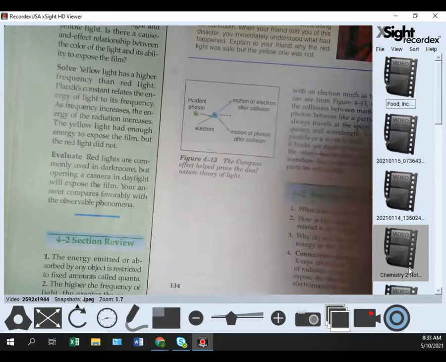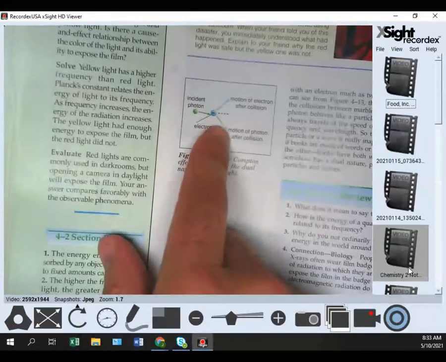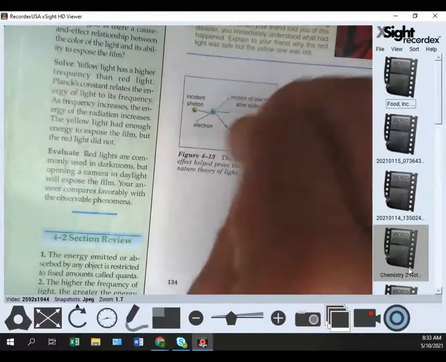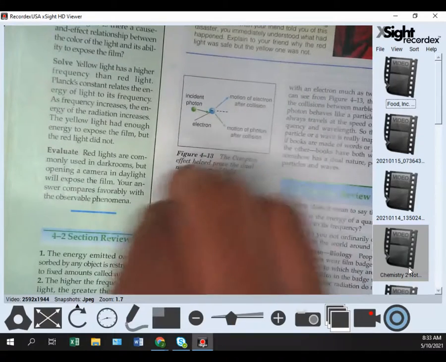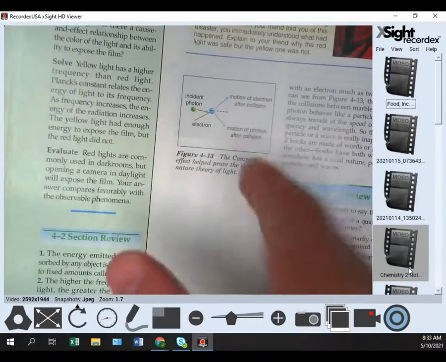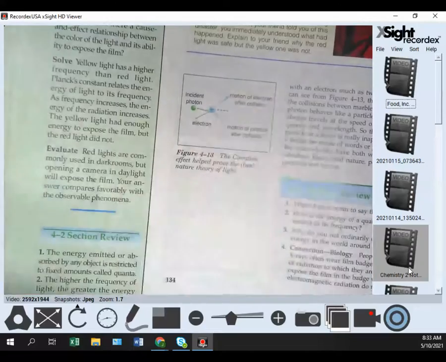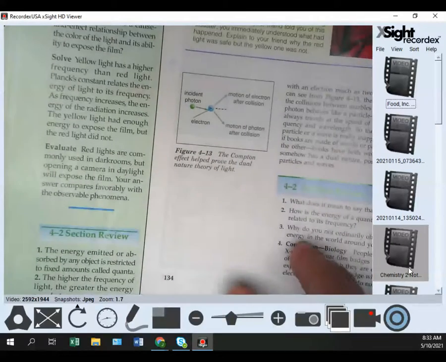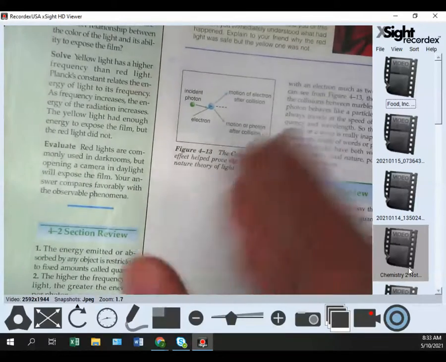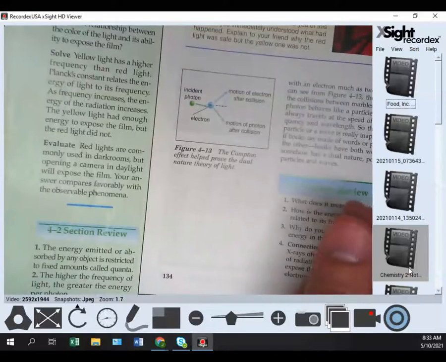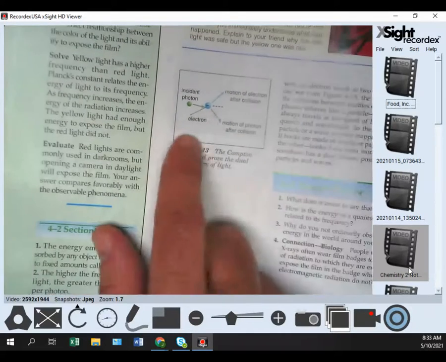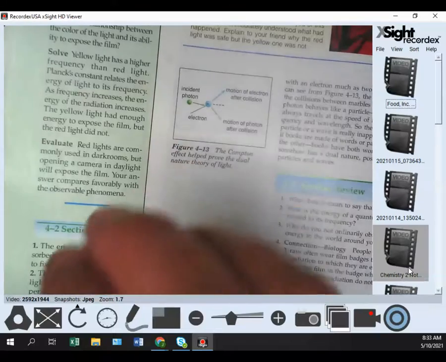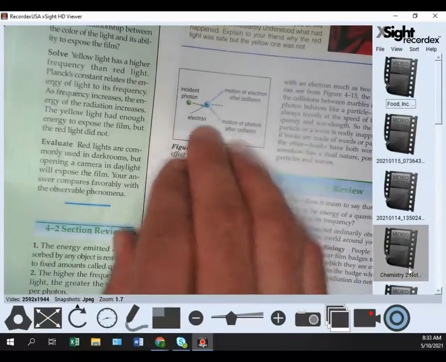So you can know where it was at a certain point, but because the action of observing it changes the momentum, you can't really know where it was going. Or you can measure the rate of it, but you can't know where it is at exactly that point. You can know one or the other, but you can't know both because the action of observing it alters it.